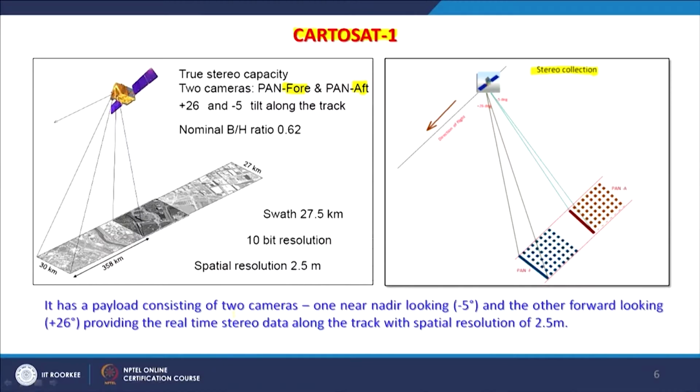They have employed two cameras, one near nadir looking, that is -5 degree, and the other forward looking, that is +26 degree, providing real time stereo data along track with a spatial resolution of 2.5 meters. The optical images may be of 2.5, but when you generate a digital elevation model, you may not end up with the same spatial resolution.